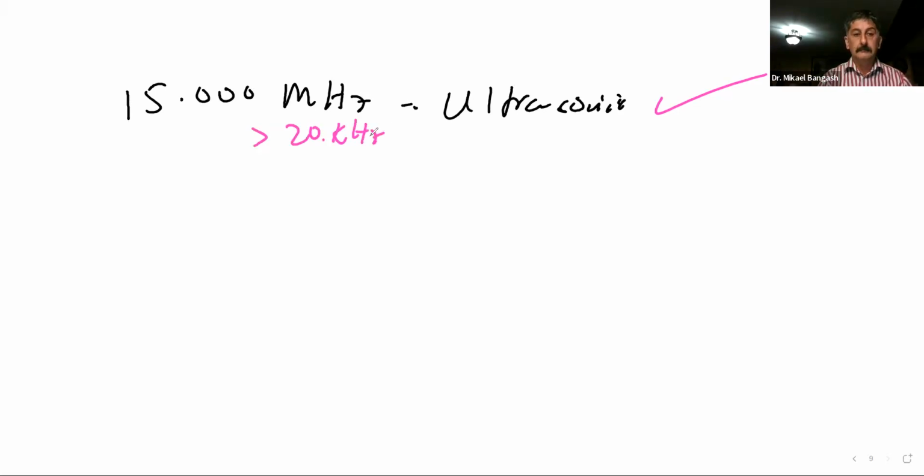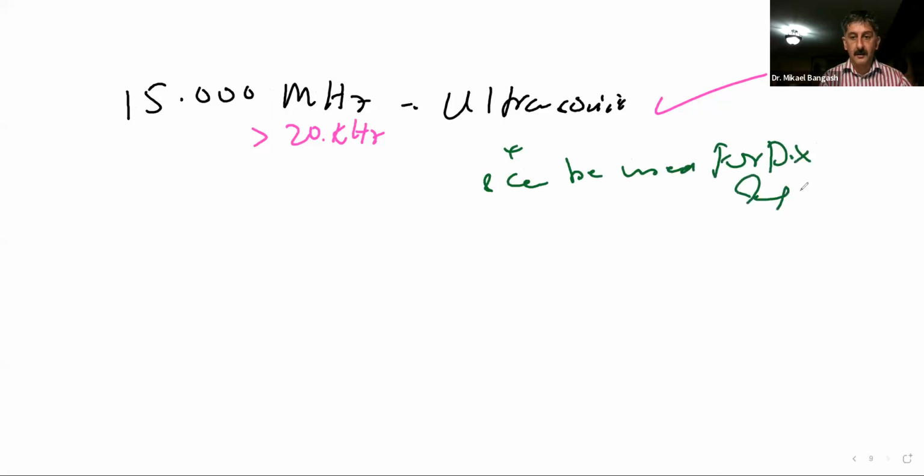But if it had said that it is ultrasonic and can be used for diagnostic imaging, then that would have been false, because 15,000 megahertz is far, far, far beyond the normal range of ultrasound frequency.